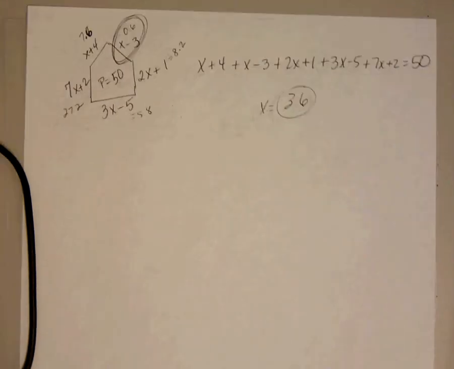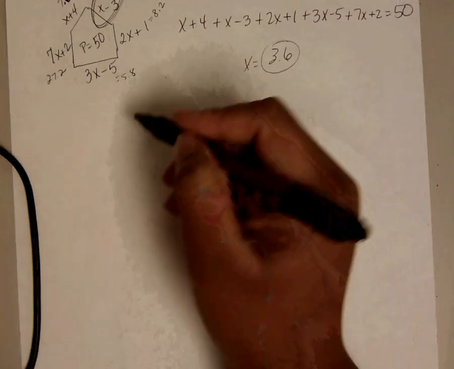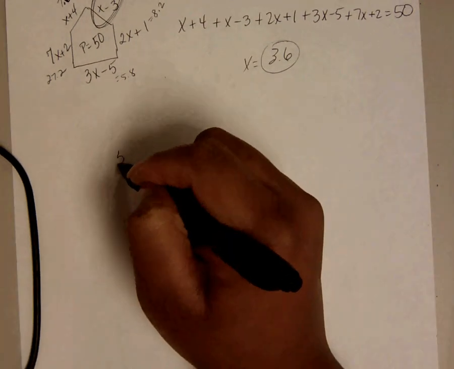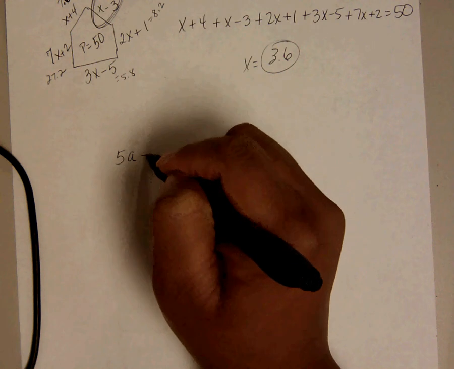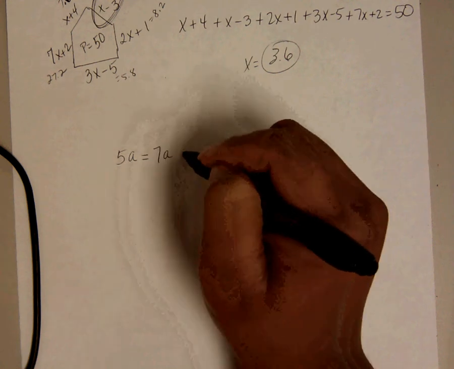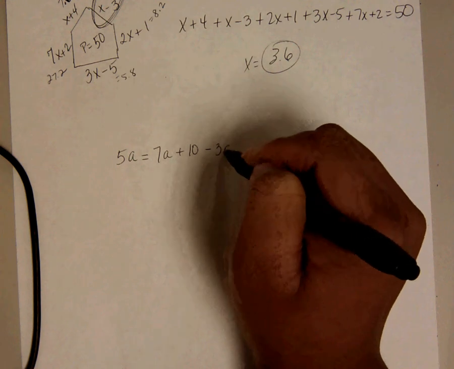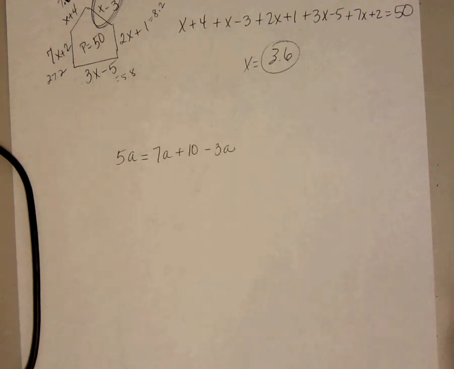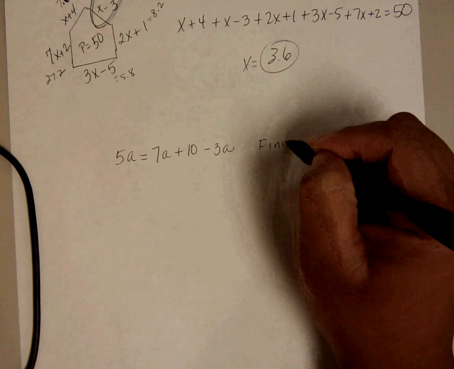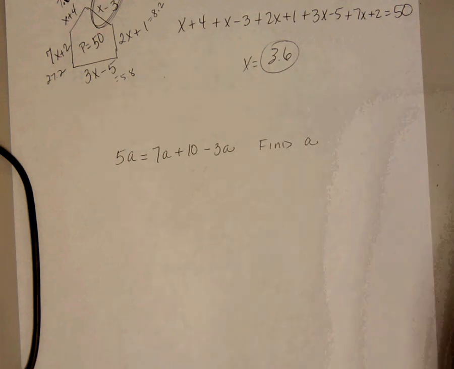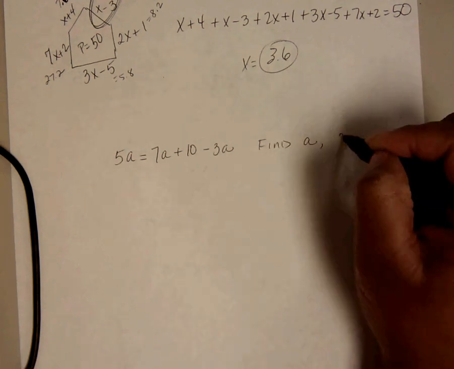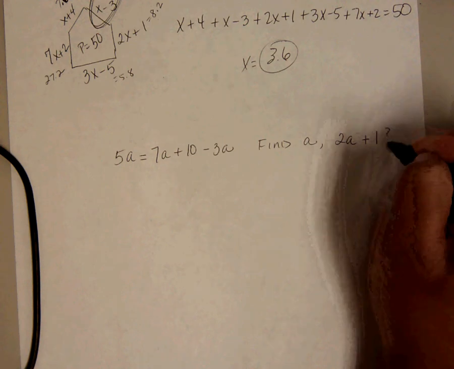Okay, and I think the last thing I want to show you: if 5a equals 7a plus 10 minus 3a, find the value of a. When you're done, evaluate 2a plus 1.